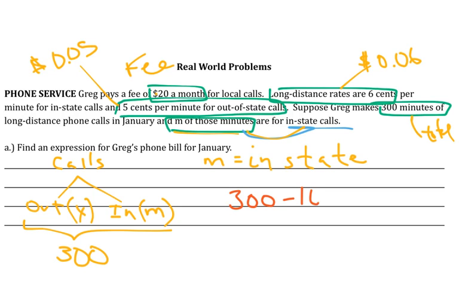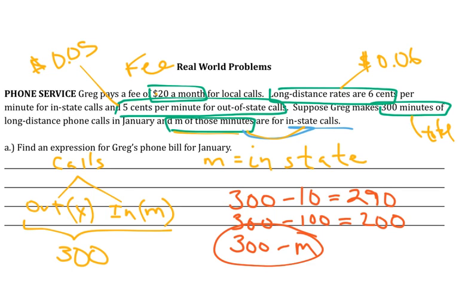And if he made 10 in-state calls, the other would have to be 290. So what if instead he made 100 in-state minutes worth of calls? That would be 200. But what I'm showing you is that really we take the total calls and we subtract out the mystery number of calls. And this is what we'll use to get our out-of-state calls.